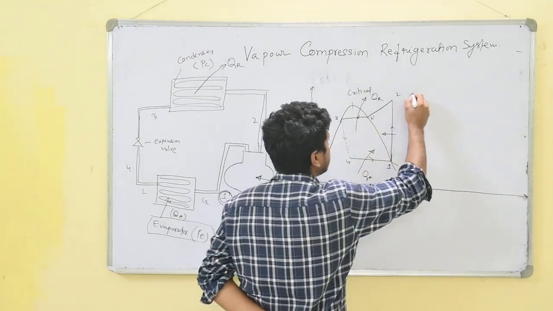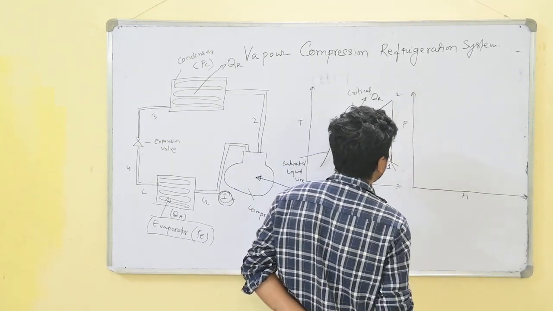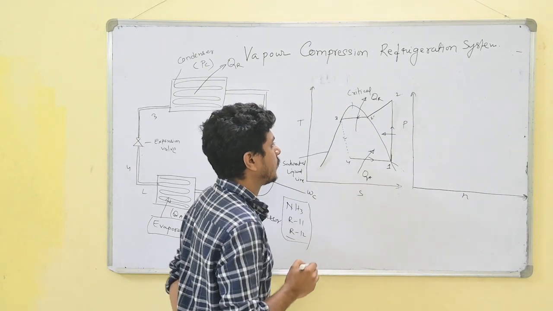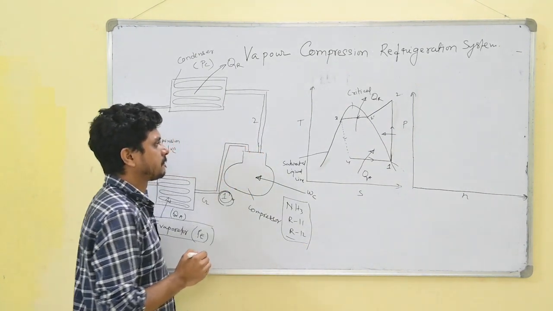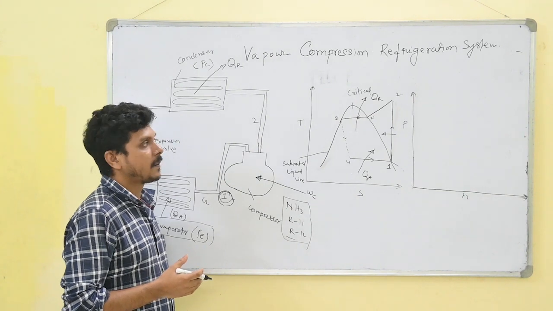This is the vertical lines and this is the horizontal lines. Now the vapor compression refrigeration system.